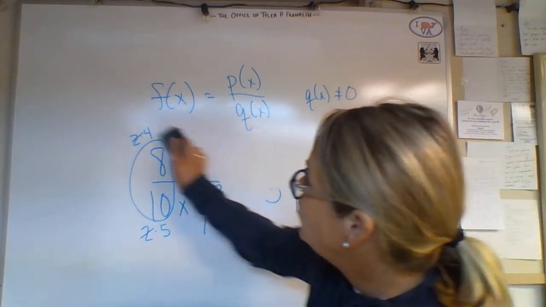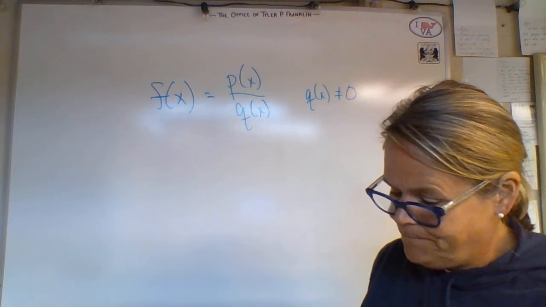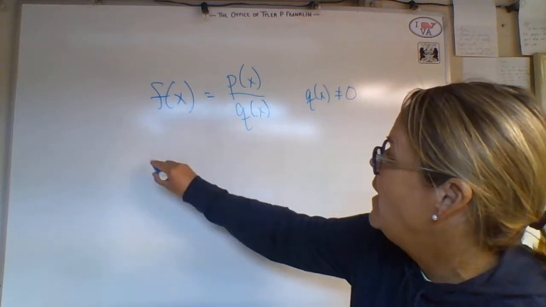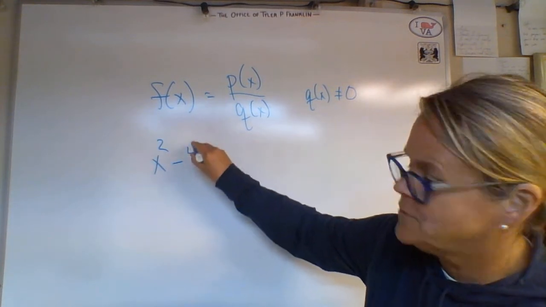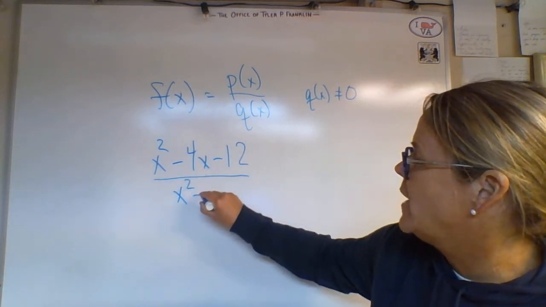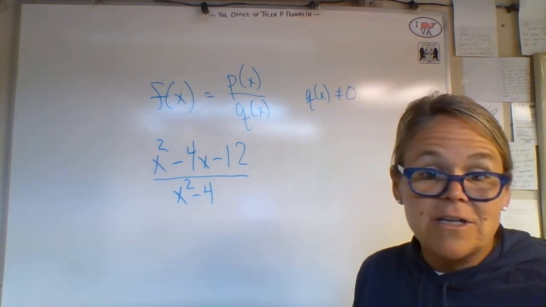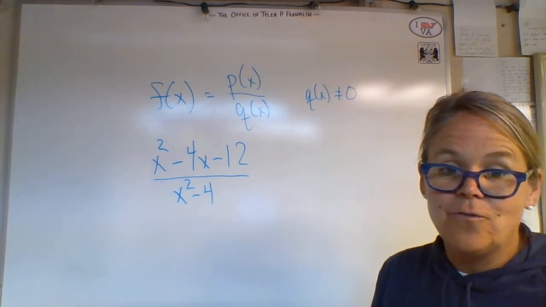So what would be the new type of problem? The new type of problem would be if I gave you x squared minus 4x minus 12 over x squared minus 4. You can't cross stuff off until you factor.